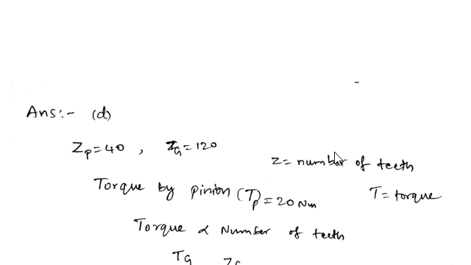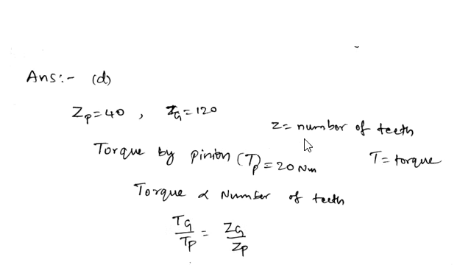For the same module, if the number of teeth is more, the diameter of the gear is more, and when the diameter of the gear is more, you will get more torque. So ultimately torque has a direct relation with the number of teeth. When the number of teeth increases, torque increases.